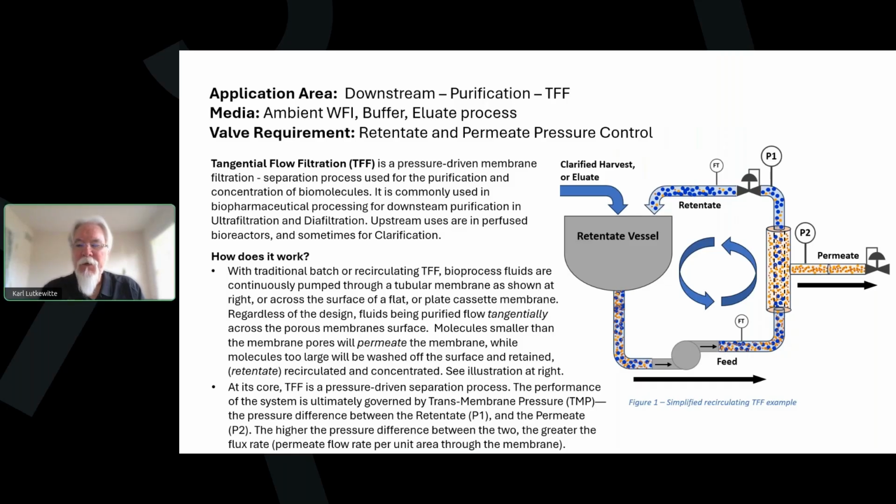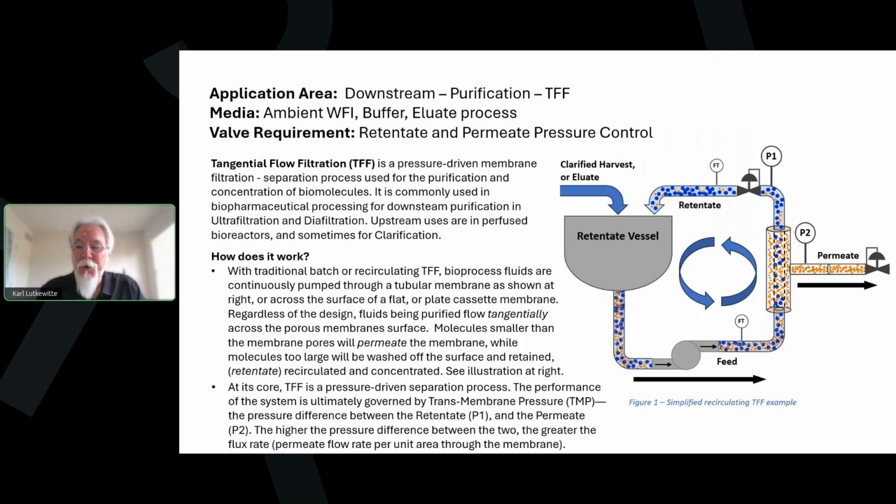So how does a TFF system work? As shown in the illustration, bioprocess fluids are recirculated via a pump and flow tangentially across, in the illustration, a tubular porous membrane. And tangentially, that's where the T in TFF comes from, of course. It's worth noting that there are also non-tubular designs, such as flat or plate cassette type membranes that are used as well.